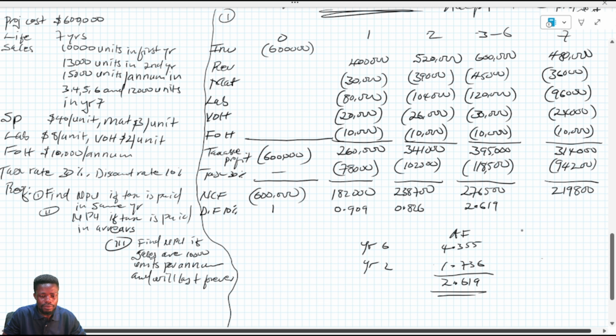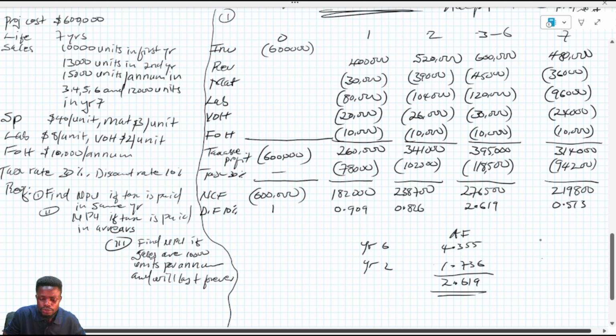The present value table at year 7 is going to give you 0.513.